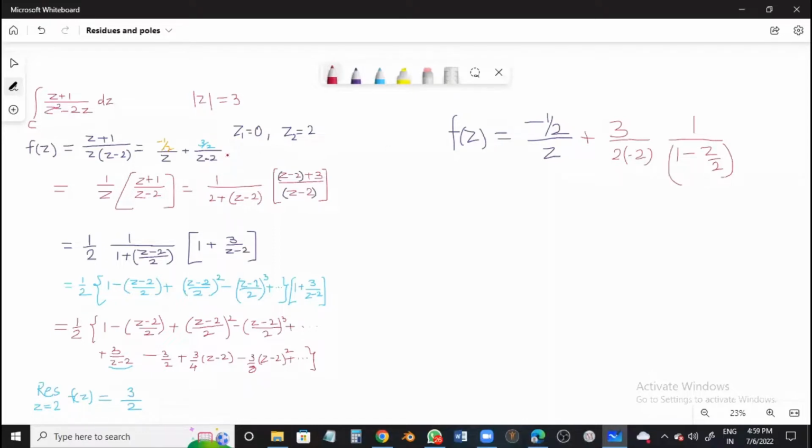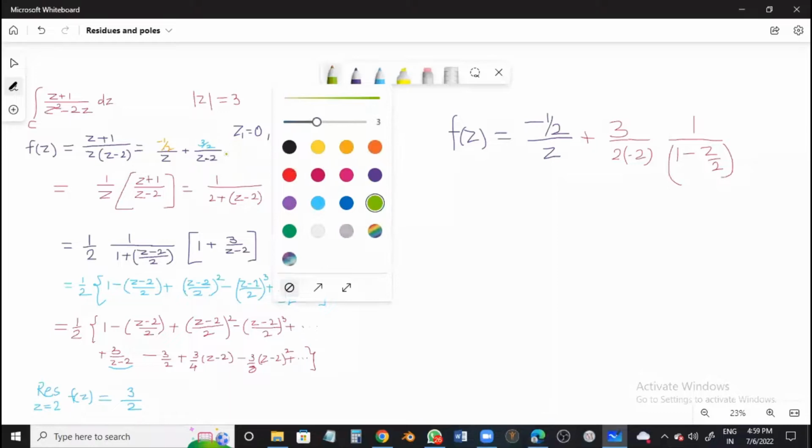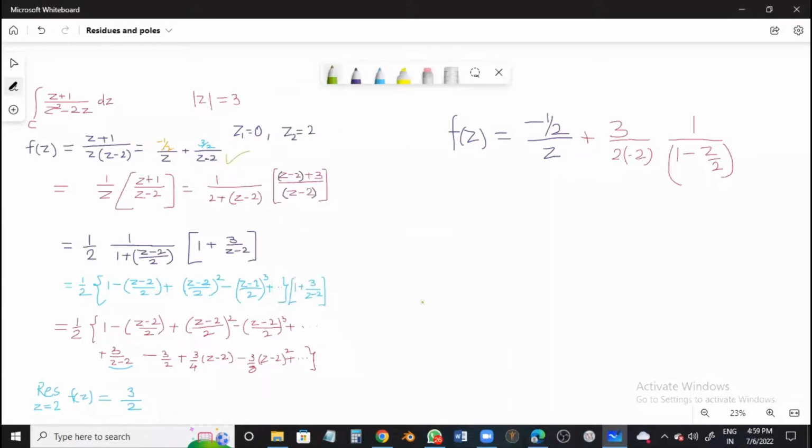So you can watch it over here. Followed? Yes or no? See, once again, I would like to tell you, I first dealt with z minus 2 and now I am interested in z minus 0.